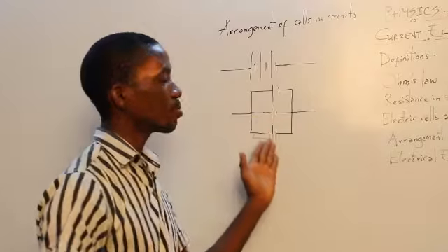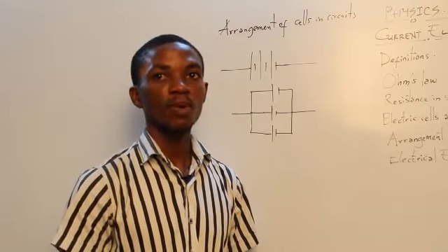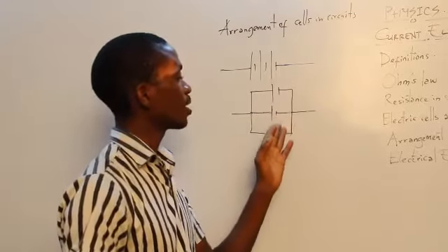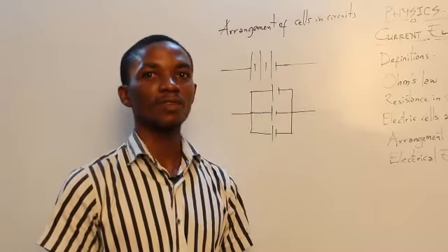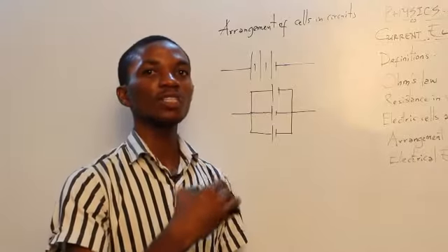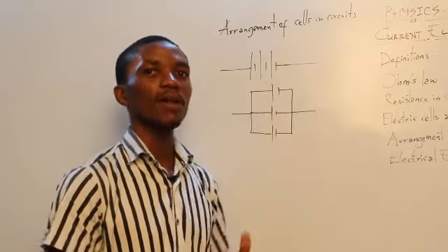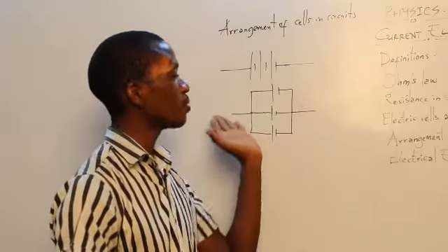But when they are connected in parallel, the voltage remains the same, unless you have different voltages, and special calculations are required for that. But at this level, you would always be given the same voltage if you are required to connect in parallel.